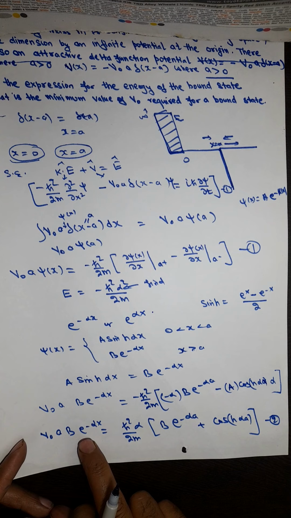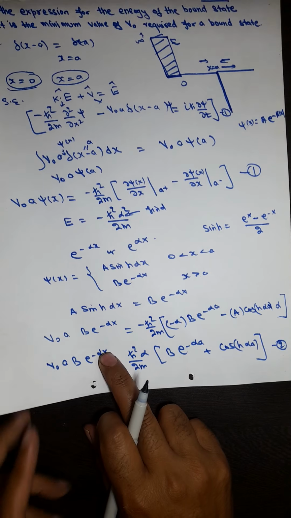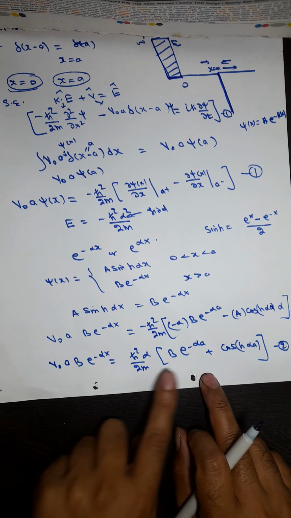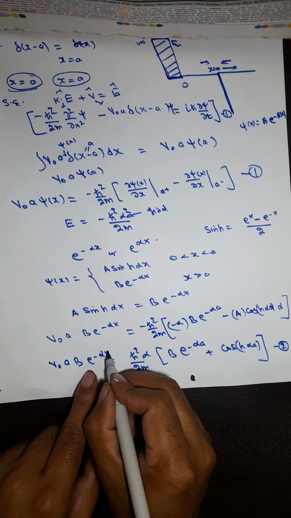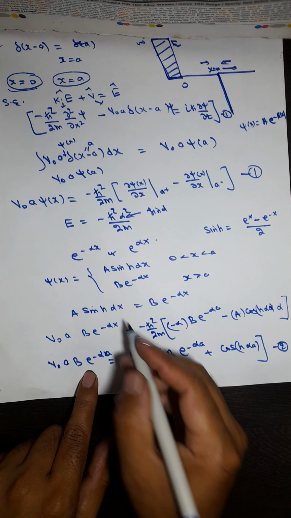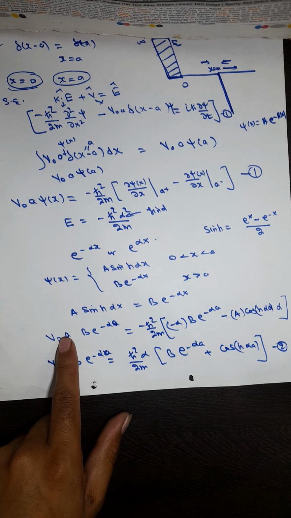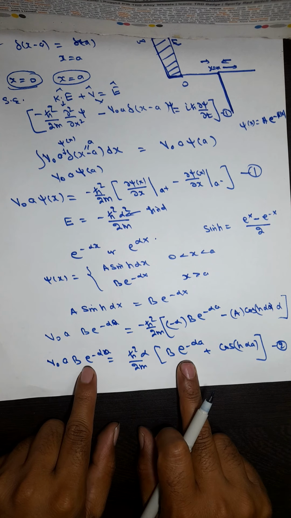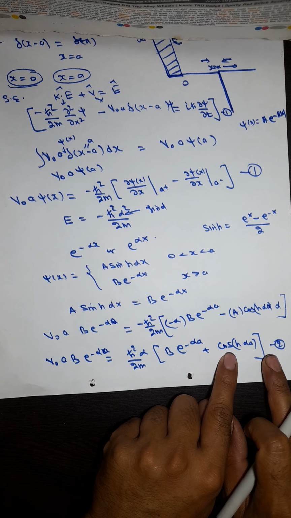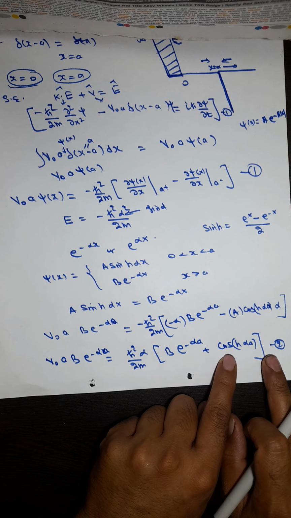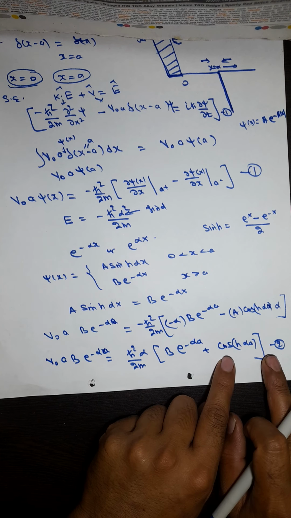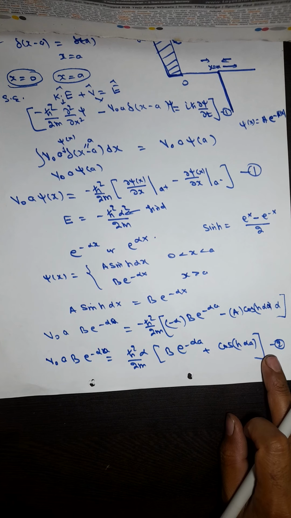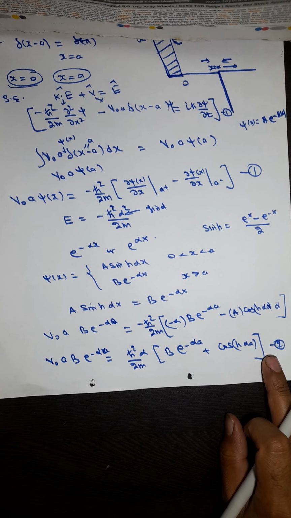So we need to divide by e raised to the power minus alpha x from both sides, and here put alpha a because we are at a. Then this one is cancelled, and minus minus becomes plus, and that goes to cot, equal to coth(alpha a).